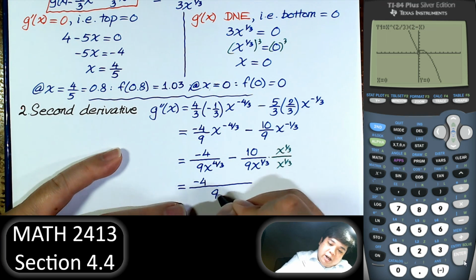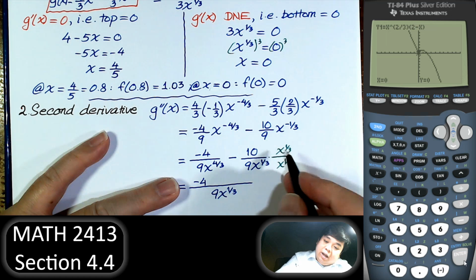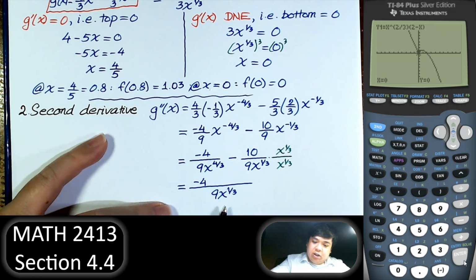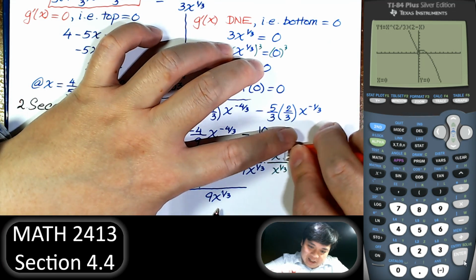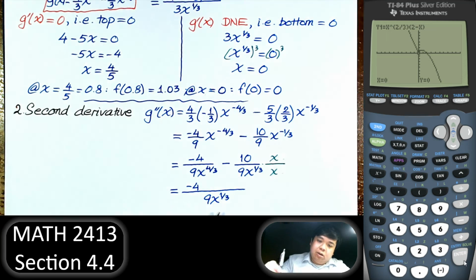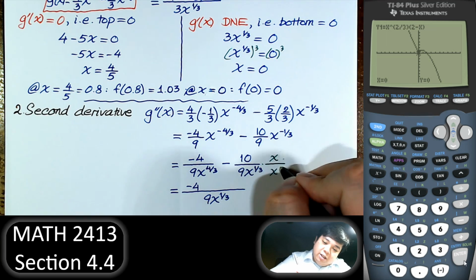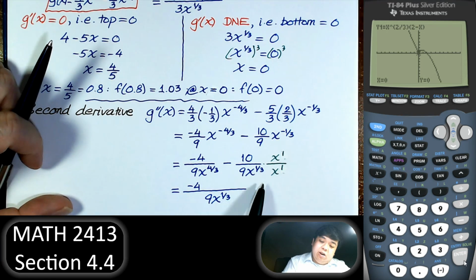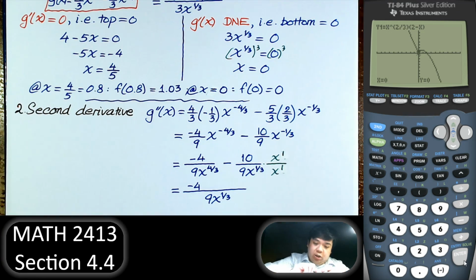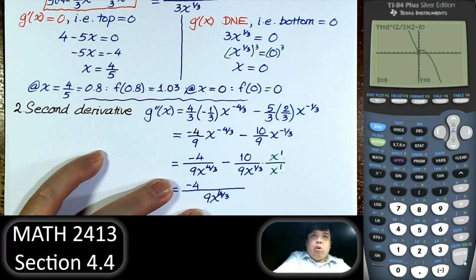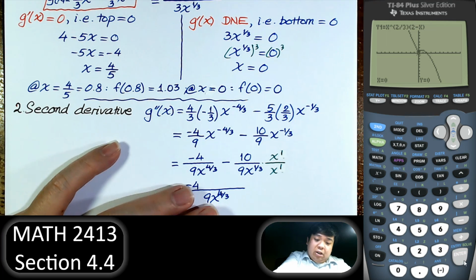The bottom, 9x to the 4/3, is the common denominator.